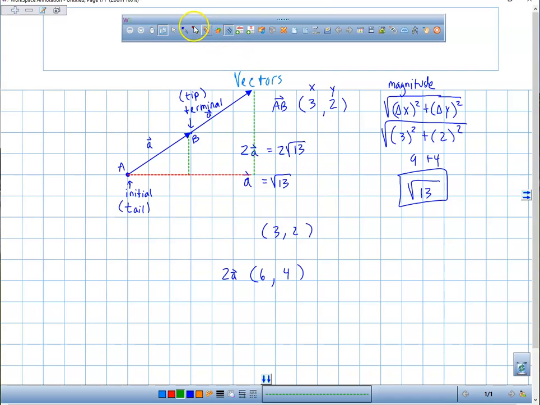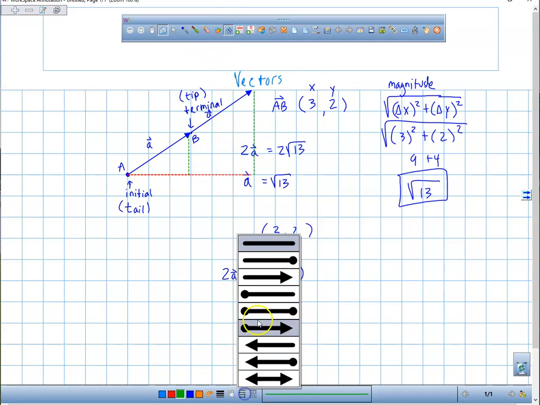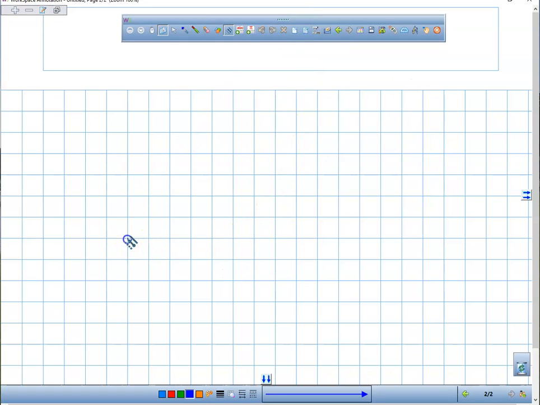Now, the last thing I want you to do is understand negative vectors. So here we go. I'm going to do a new page real quick. If I have a vector that goes this way, like right there, and I call this vector A, I want you to understand what a negative vector A would look like.